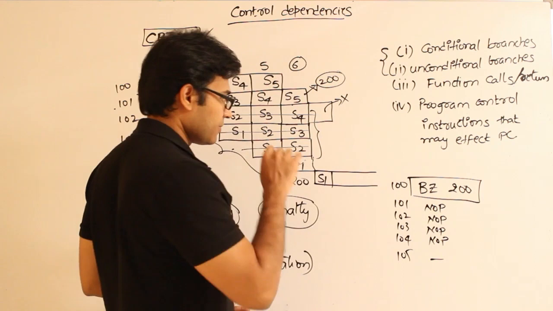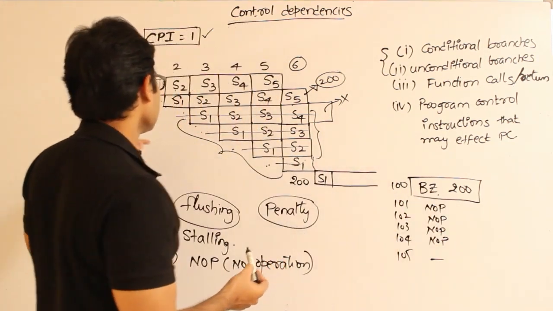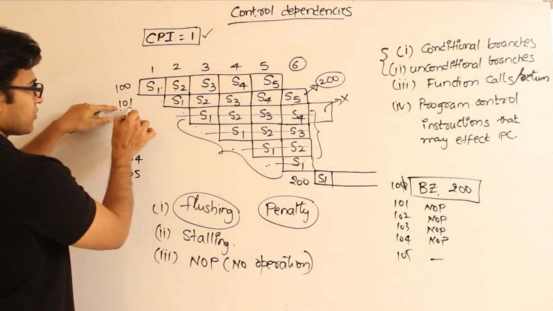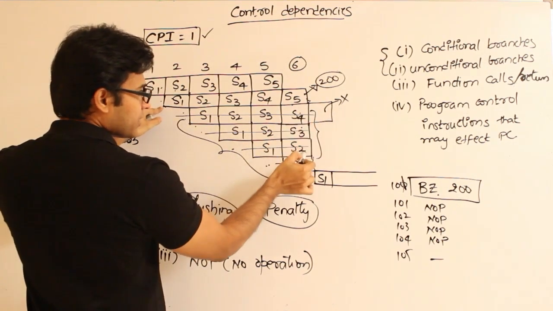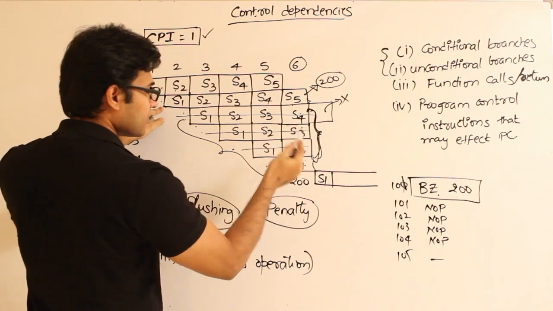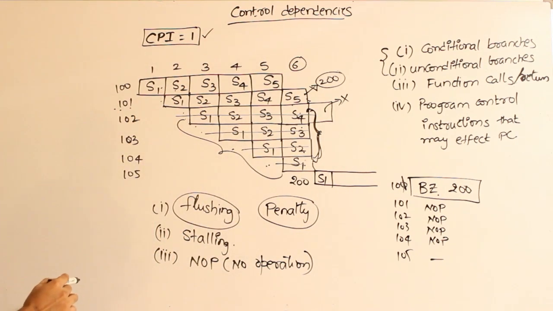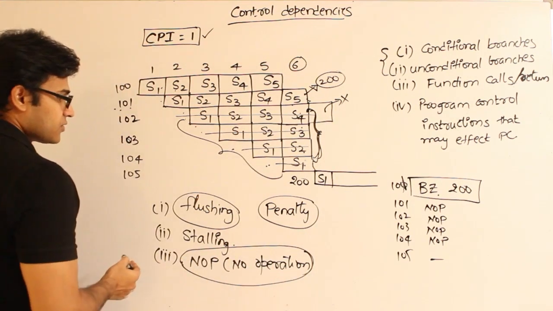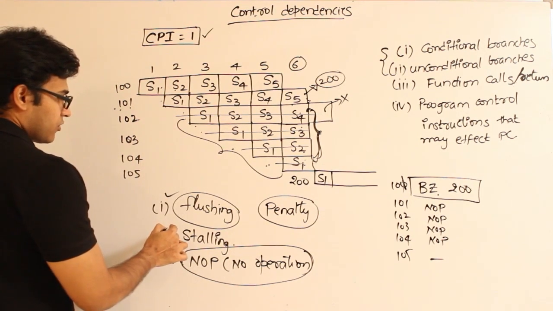So by doing this, if the compiler does it, then by the time this particular instruction at 101 finishes all these stages, whatever we did here, all these are useless instructions. No-op means they will be fetched, processing will be done, but they are not doing anything literally, right? So by introducing this no-op, we are not doing flushing, and we don't need any support from the hardware.